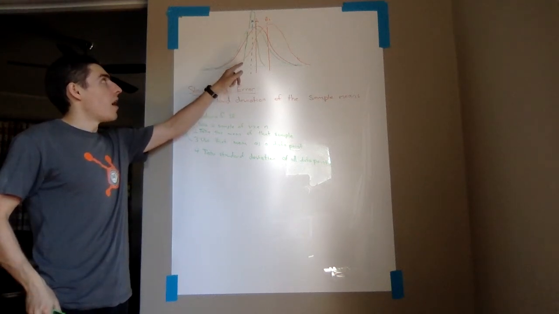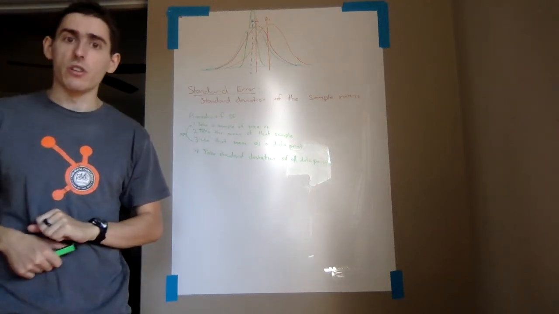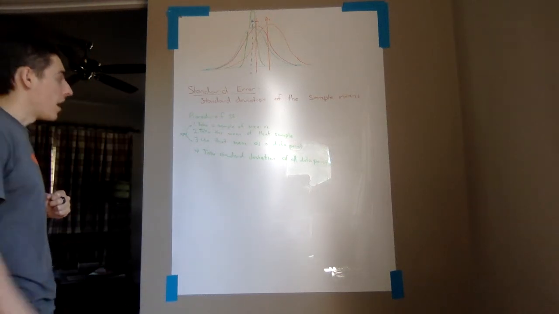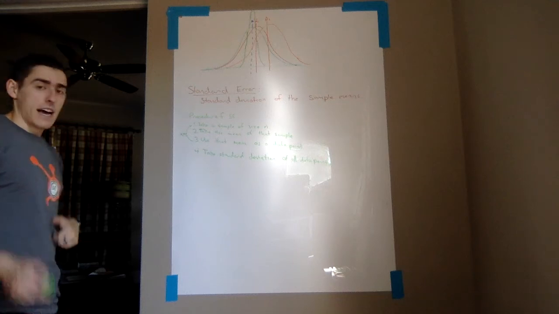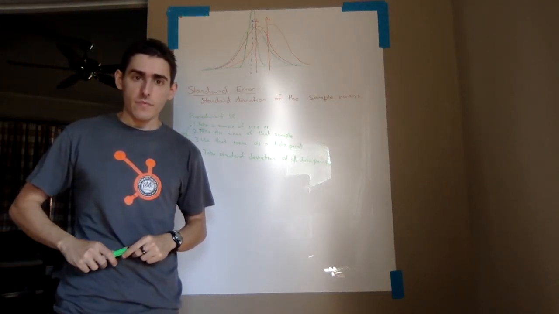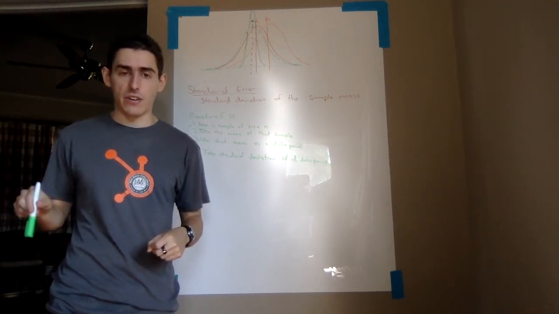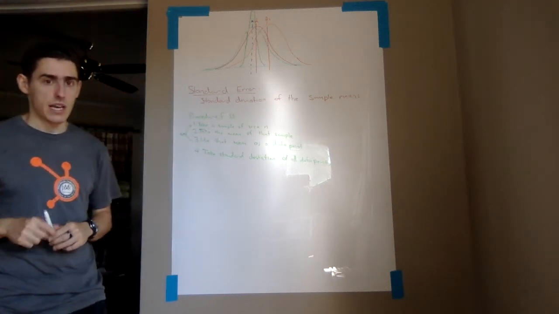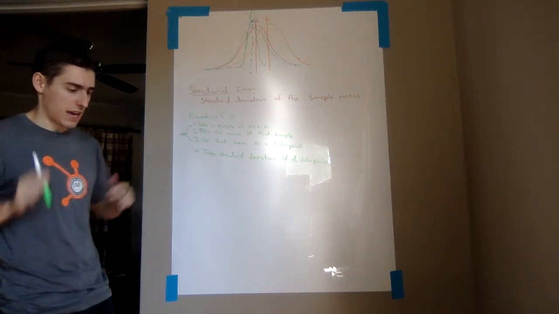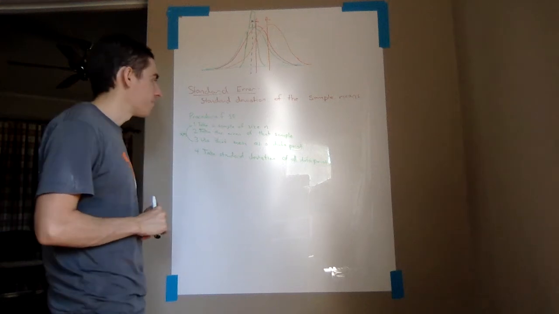And so having this distribution, we can then ask what's the standard deviation of that distribution. And this matters. I'm going to explain how standard error is defined in the next video, and actually go through a proof of why it's defined the way it is.